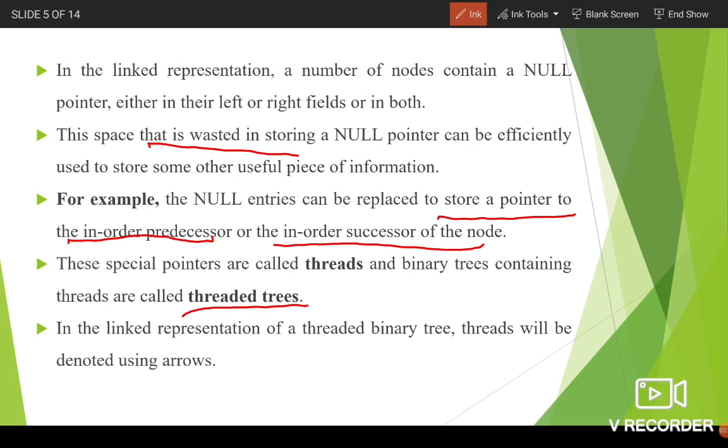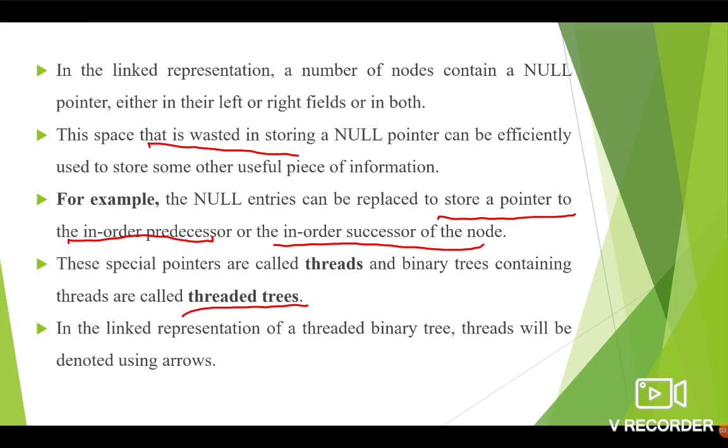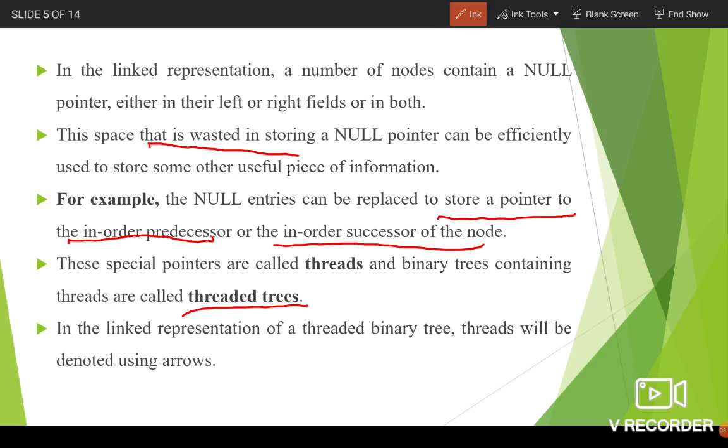So we can replace them by a pointer to the in-order predecessor or in-order successor of the particular node. These special pointers are called threads, and this type of binary tree is called a threaded binary tree. In the linked list representation of a threaded binary tree, the threads will be denoted using arrows.